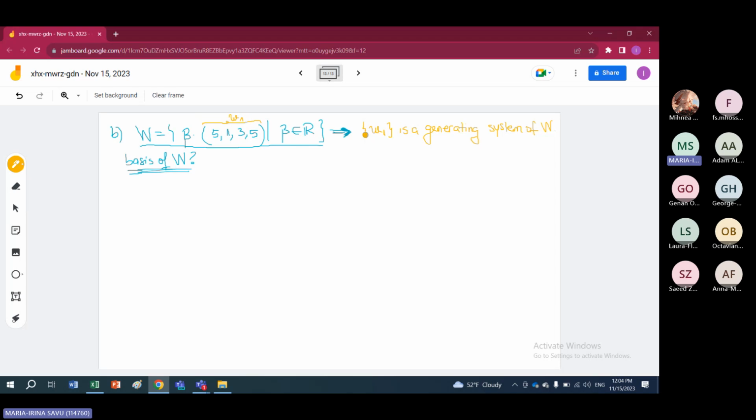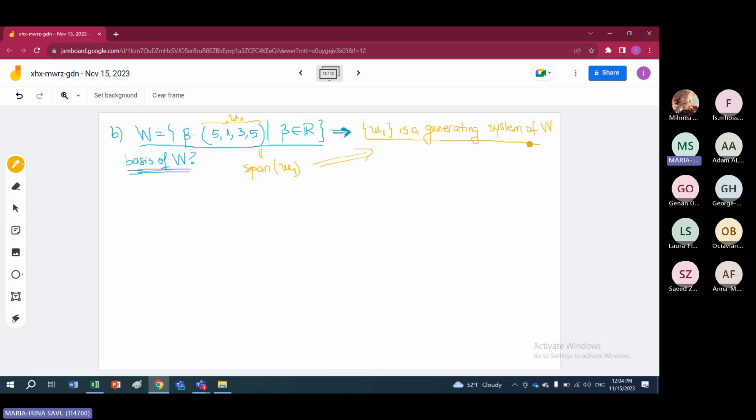So this vector generates all the elements from W. Actually, W can be written as the span of W1. This is the definition of the span: the set formed with a constant times this vector. So it means that W1 is a generating system of W.